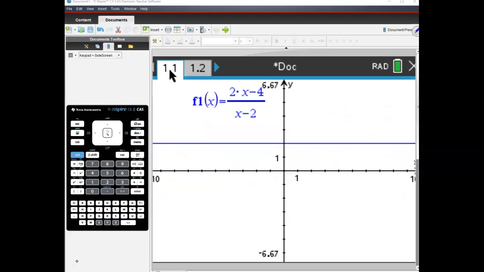Okay, so when I come back here to g, my n of x function, 2x minus 4 over x minus 2, when I graph that in Desmos, it'll look weird. It's a linear function. But also, if I use trace, see, we were expecting a vertical asymptote to be right here, right?